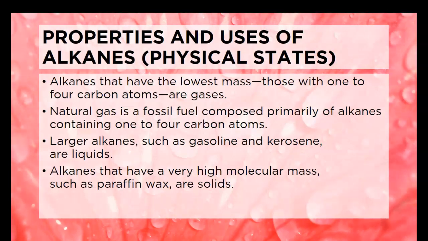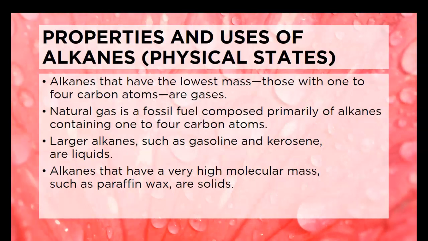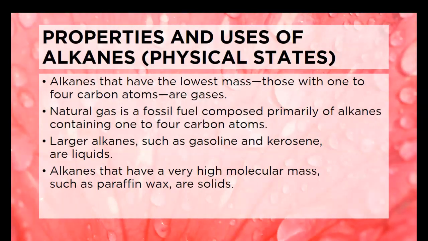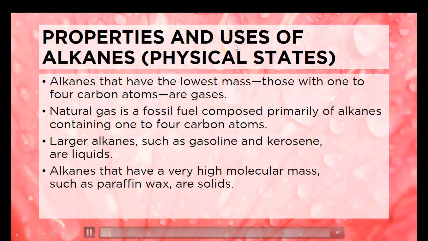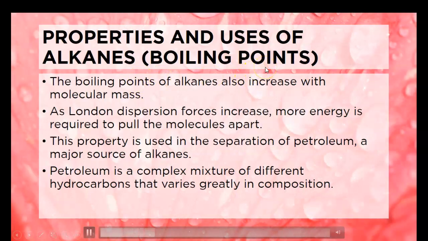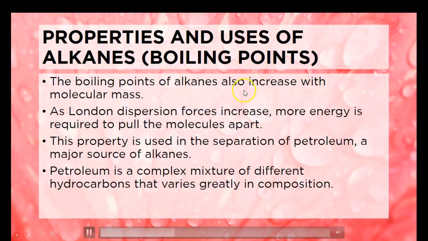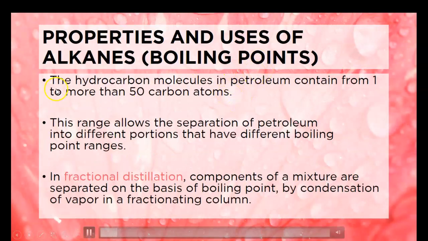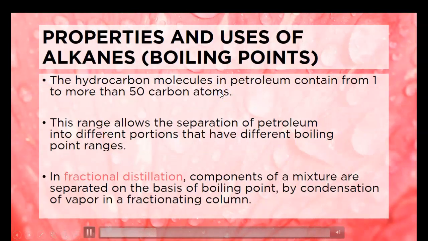You can even have such large ones, with huge numbers of carbons like in the 50s, that are solid, like paraffin wax, for instance. So the hydrocarbon molecules in petroleum contain from 1 to more than 50 carbon atoms.